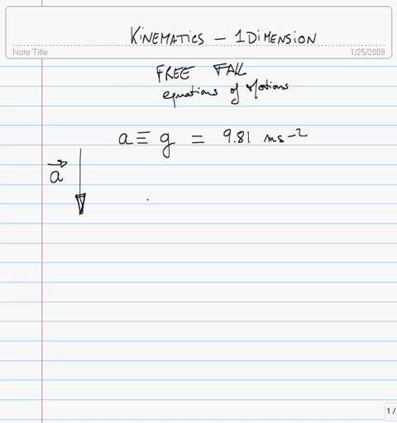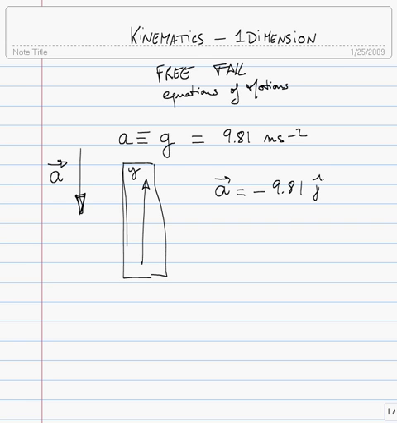So if we decide to have a standard coordinate system x, y, and since we're doing one-dimensional motion, just the y axis. If we decide y to be going up, a, since it's going down, will have a negative sign, and therefore the acceleration is minus 9.8 in the j direction.